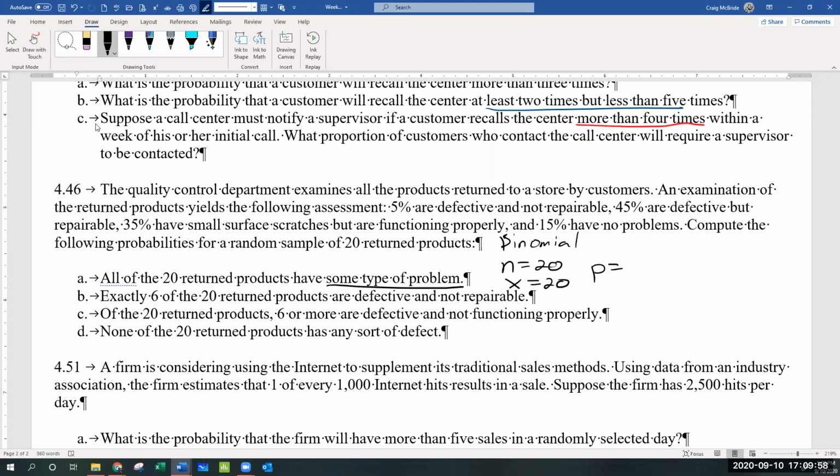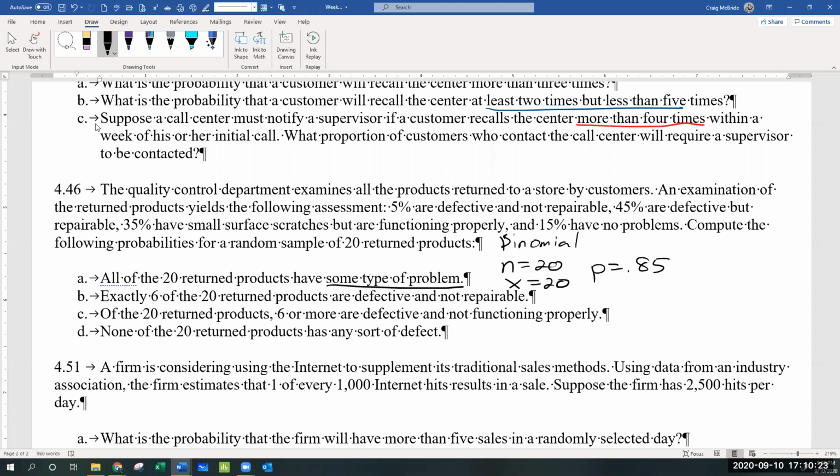That's a problem. 45% are defective but can be repairable. That's also a problem. 35% have small surface scratches but are functioning properly. That's still a problem. And 15% have no problem. So those are the only ones that don't have a problem. So my probability of having some type of problem is 85%. So if we stick this into the binomial formula, we'll get the correct answer.